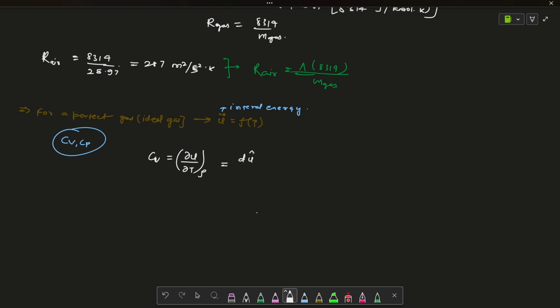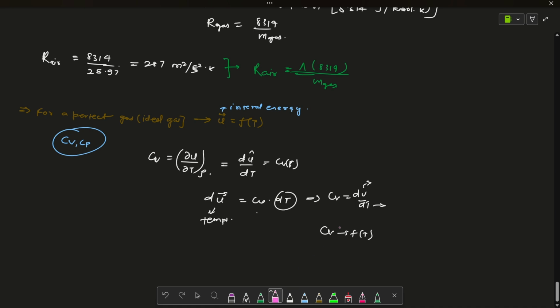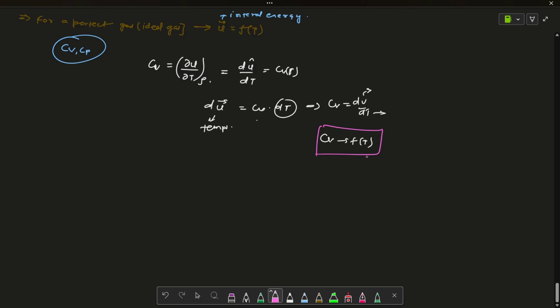So it's written as dU/dT, and it is equal to Cv. That means we can write dU as Cv into delta T. Now see, U is only a function of temperature, and T is a temperature term, obviously. So Cv is equal to dU by dT, the same thing I have written here. Both are temperature dependent only. That means Cv is also a function of temperature only. So we can say that the specific heat capacity at constant volume is a temperature dependent thing.